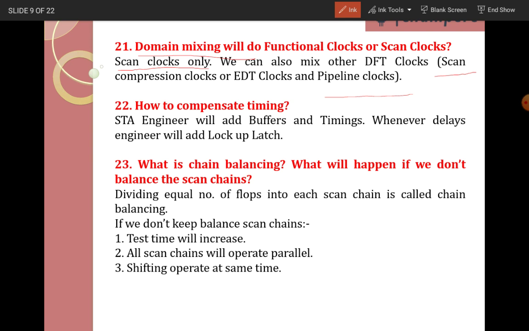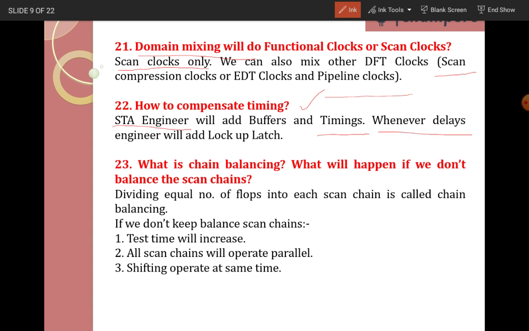And how to compensate timing is very important. Timings are always set by the STA engineers, the static timing analysis engineers. They will compensate the timings by adding buffers, lockup latches and those things, and they will fix the timings.